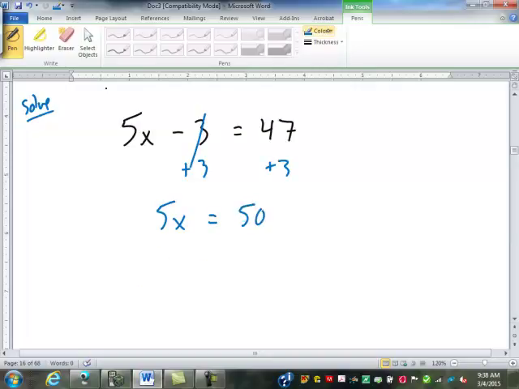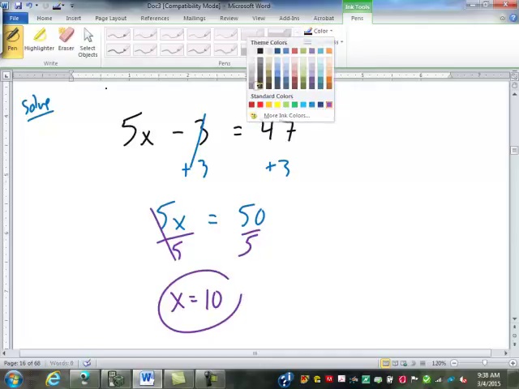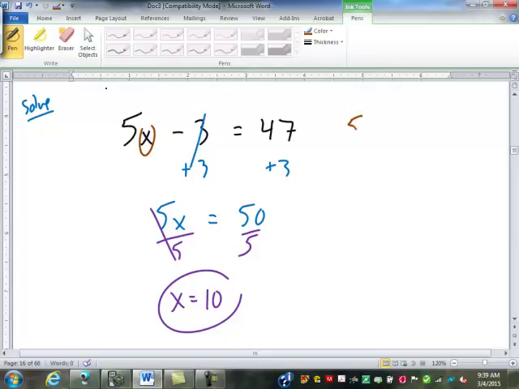Then divide by 5, x equals 10. Very good. And of course, we can always plug that back in to double check by putting 10 in for x. So 5 times 10 minus 3. 5 times 10 is 50. Minus 3 is 47.